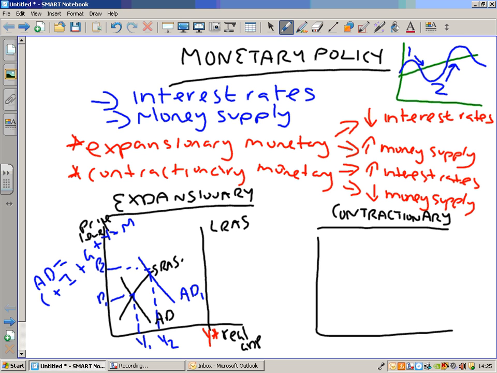Let's think now about contractionary monetary policy. So again, real GDP on the horizontal axis and price level on the vertical. LRAS, the maximum potential of our economy. If we've got an equilibrium point here, we can see that the economy is very, very close to its maximum potential.